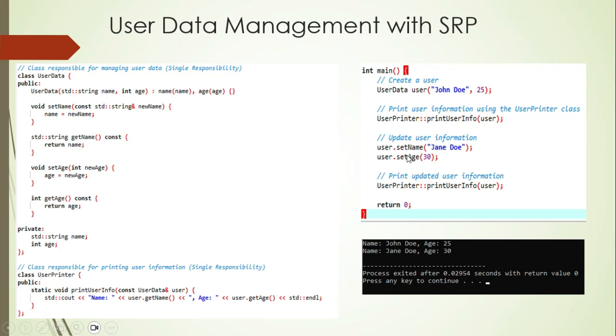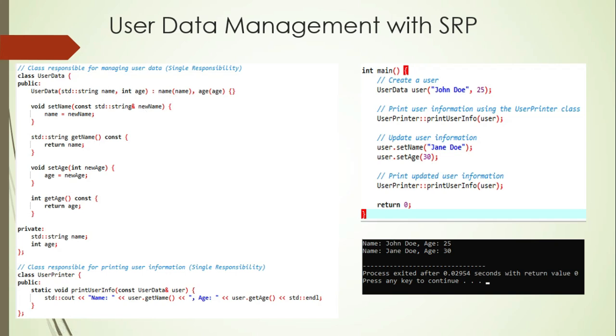Now we are updating the user information using the set methods. This user, which is the object created for the class UserData, dot setName. Now this method is called, setName and setAge, and this name will come here to this newName variable.